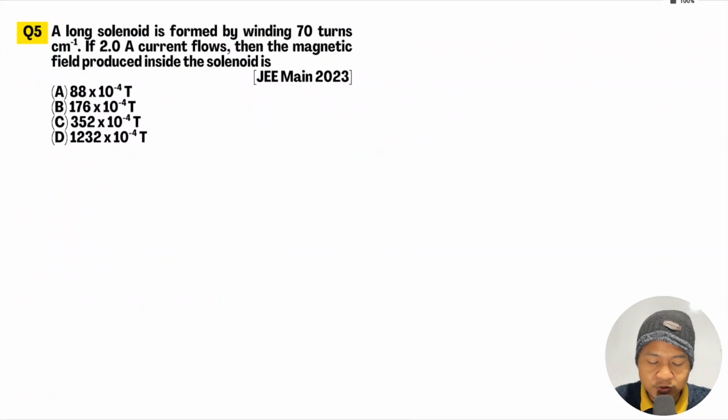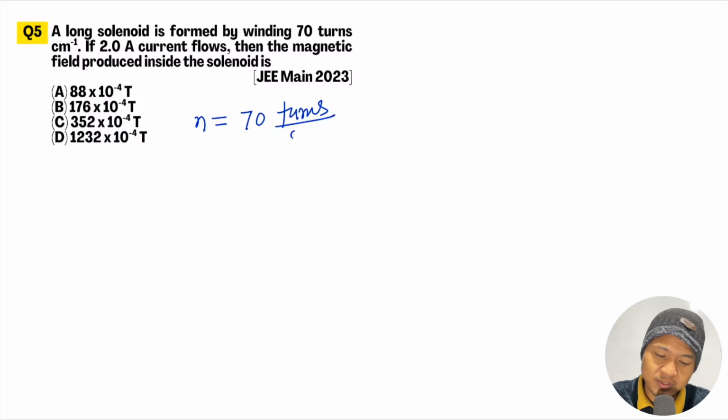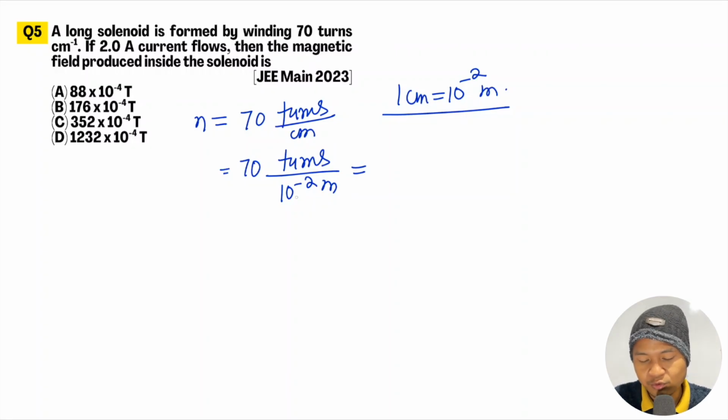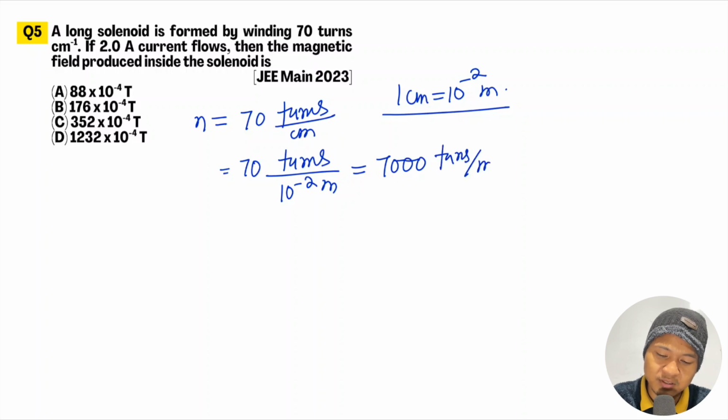Okay, next: a long solenoid is formed by winding 70 turns per centimeter. We have to convert centimeter into meter. 1 centimeter equals 10 power minus 2 meter. So 70 turns per 10 power minus 2 meter is 7,000 turns per meter.